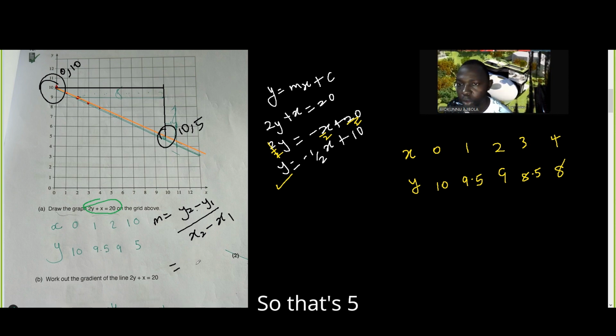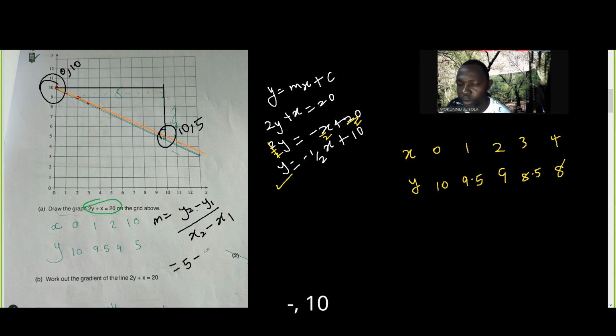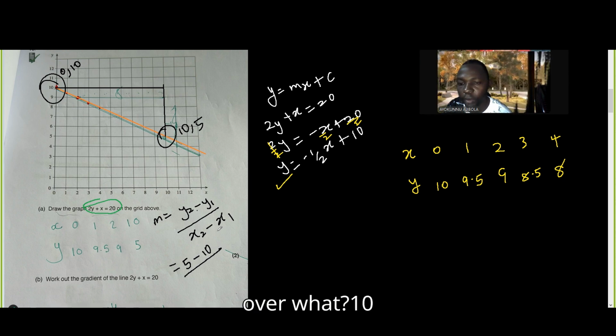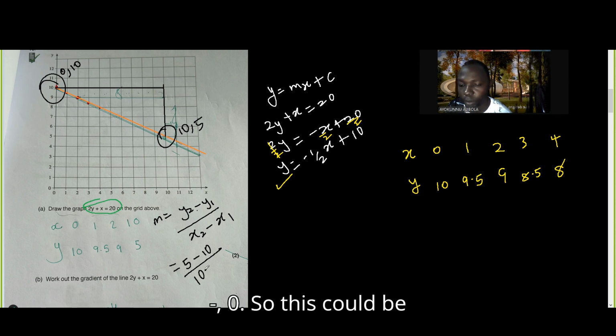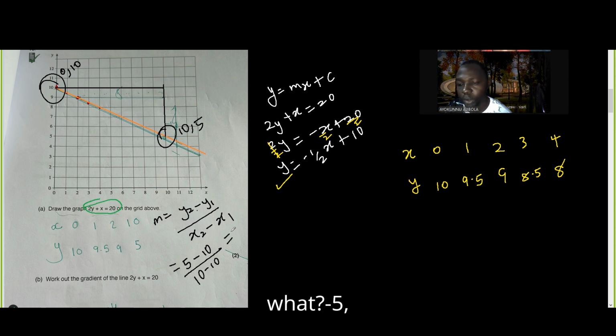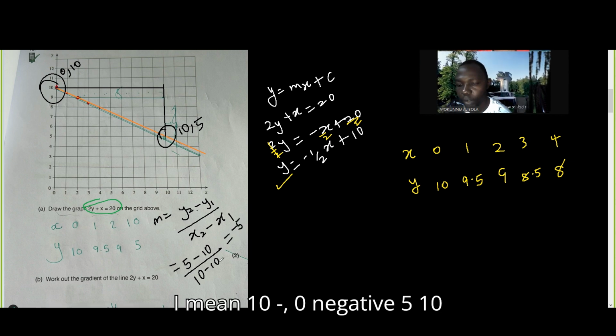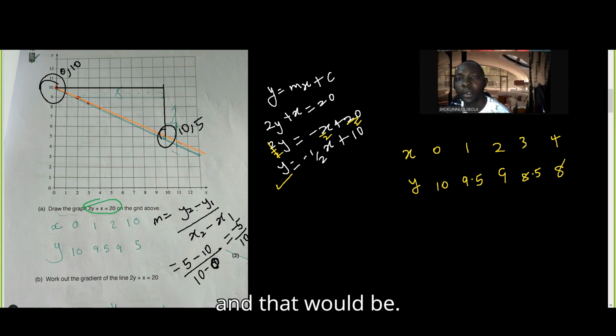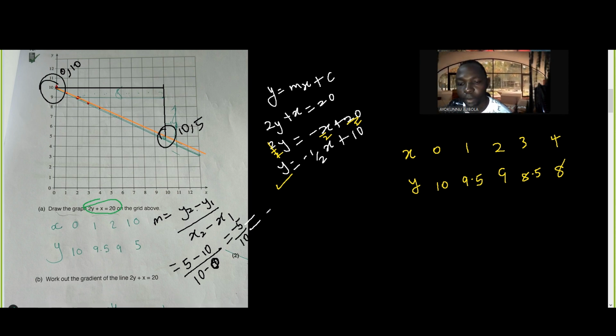So that's 5 minus 10 over 10 minus 0. So this is going to be negative 5 over 10. And that will be negative half, right? Yes.